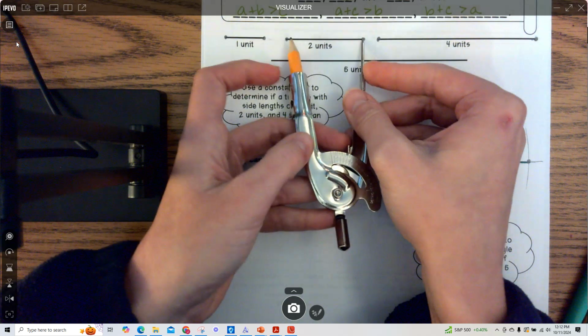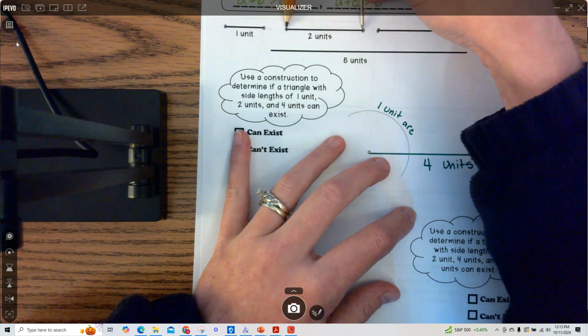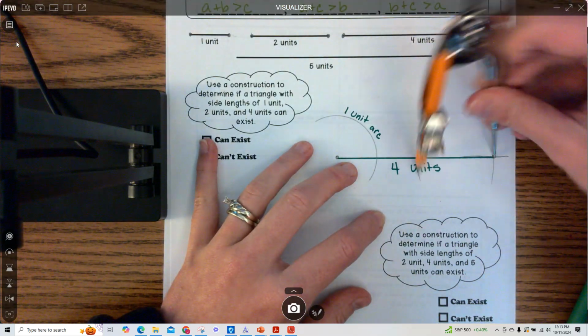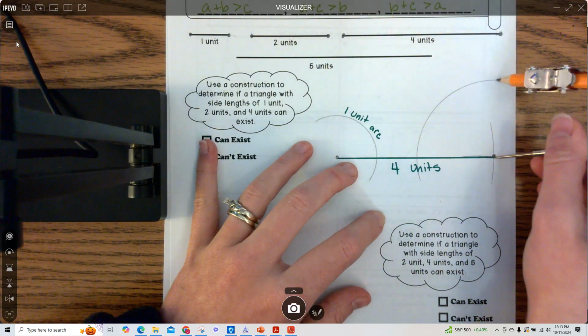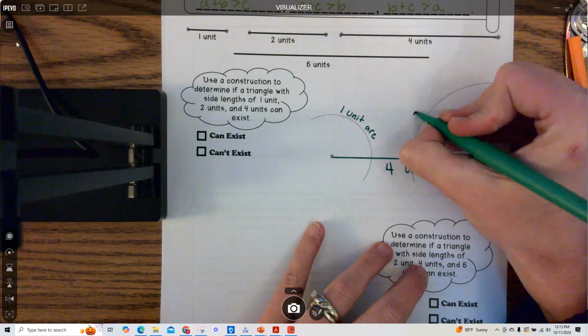So point on one endpoint, pencil on the other. And then we're going to copy that arc down here. Again, a pretty good arc. And that's going to be my 2 unit arc.